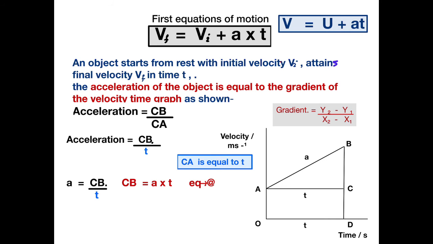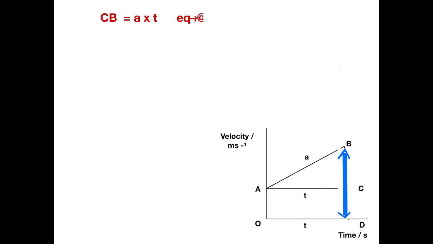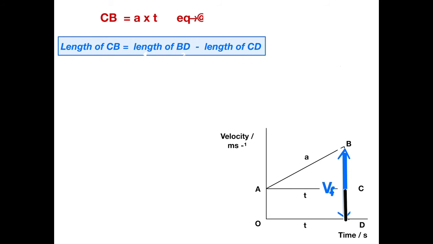Now consider the line BD. As you see, if we exclude the portion from C to D, then the remaining length will be left as BC. So we can write that length of BC or CB is equal to length of BD minus length of CD.